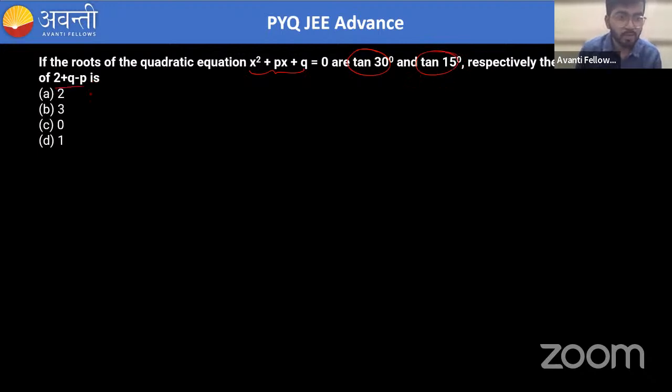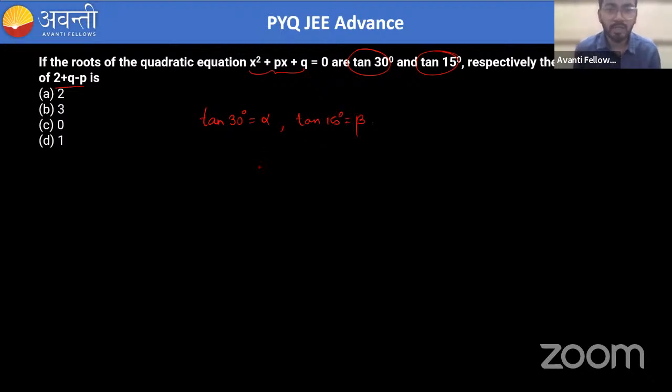Then the value of 2 plus q minus p is? Okay. So here, let tan 30 be alpha and tan 15 degree be beta.